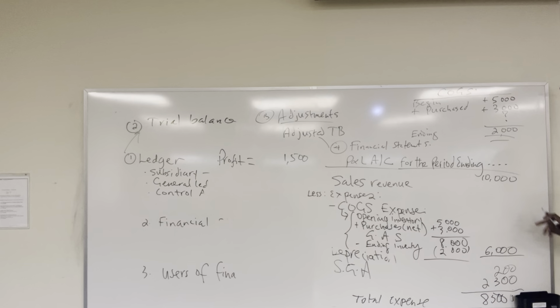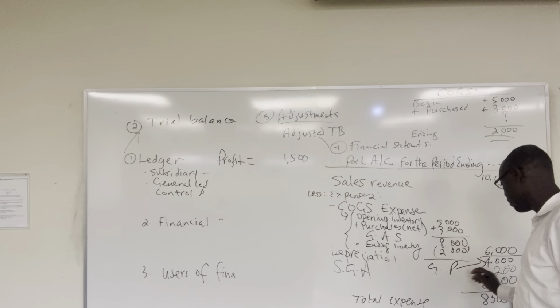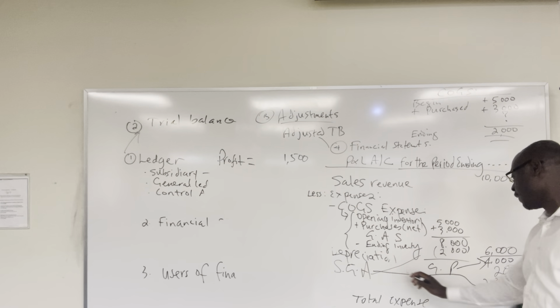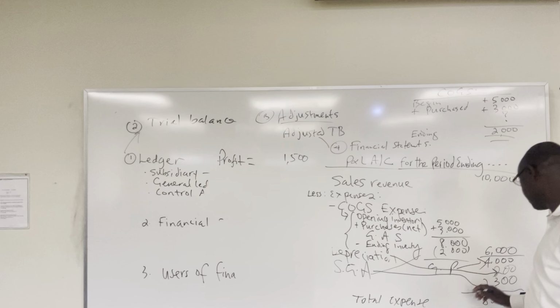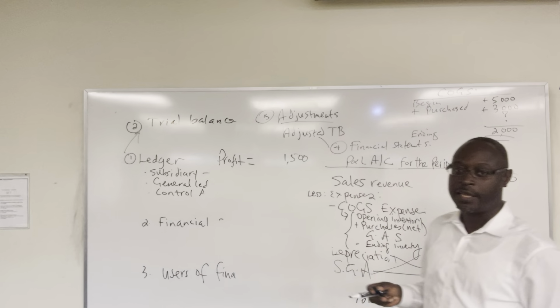The gross profit is the difference between the sales revenue minus your cost of goods sold. And that difference is going to be what? 4,000. Okay? This is the GP, or gross profit. SG&A is here. And depreciation expense is here. Okay? Does that make sense? Any questions? All right. Go ahead.